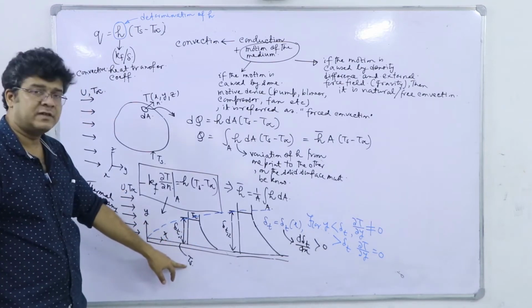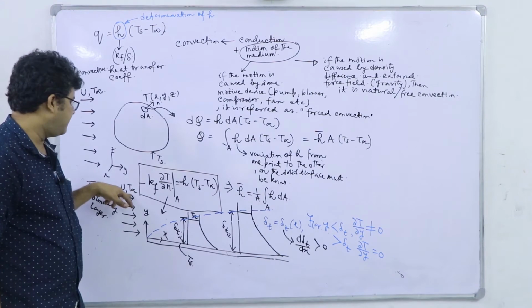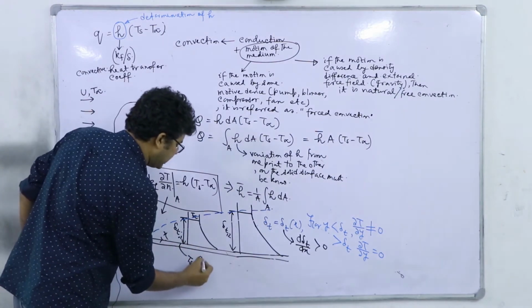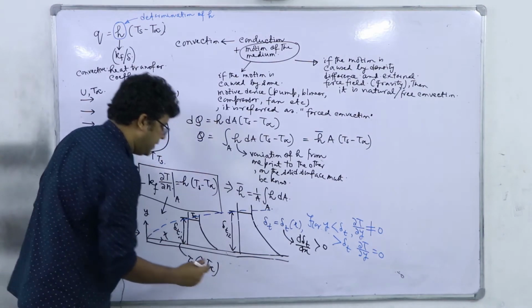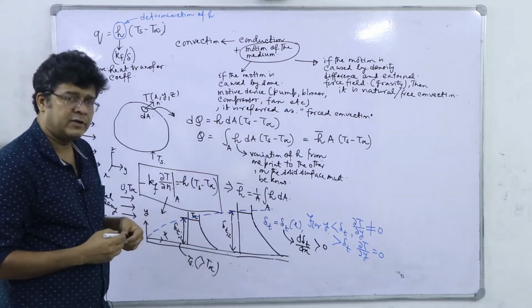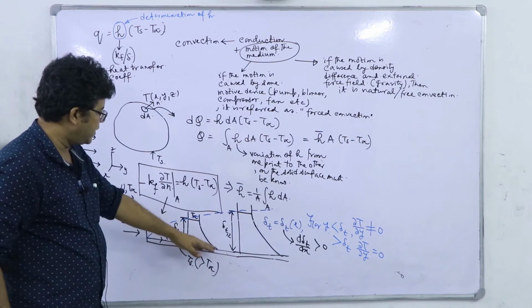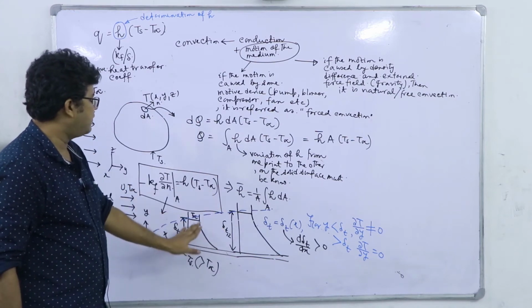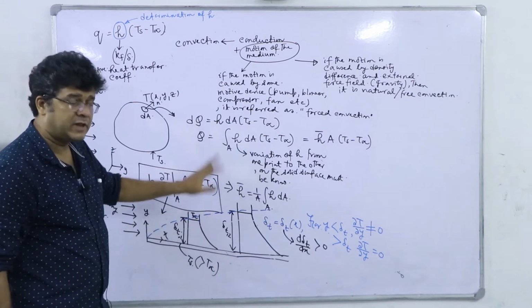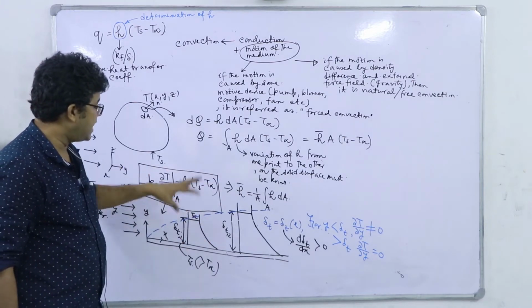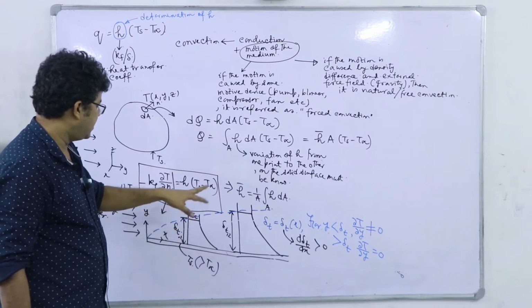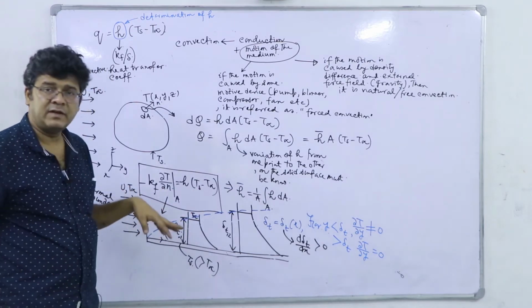The plate temperature is Ts and the free stream temperature is T infinity, and let us say Ts is greater than T infinity. So obviously there will be heat flow into that fluid, and as a consequence the temperature close to the plate will be higher, and as we move deep into the fluid, at some point it will acquire the same temperature as T infinity.